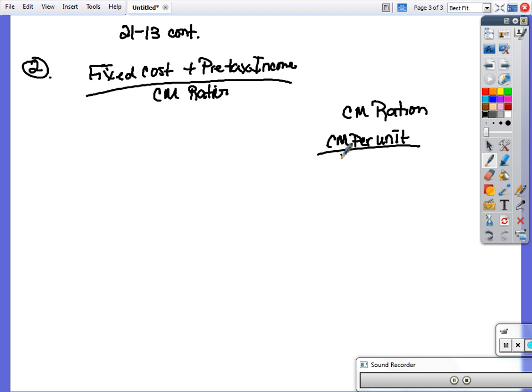So if we plug in our numbers, we know that our contribution margin per unit was $45, right? What is our selling price? 180? So 45 divided into 180 gives us what ratio? 25%?